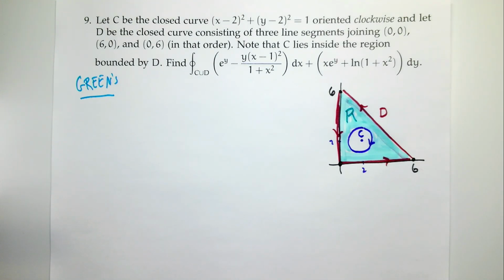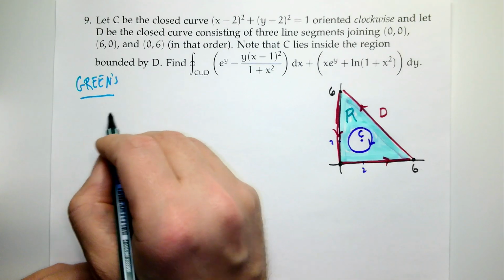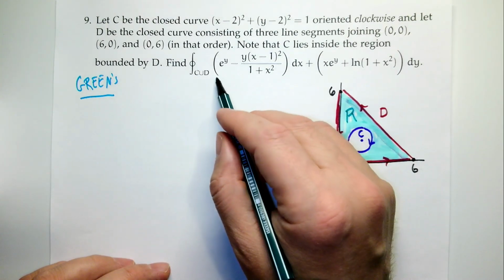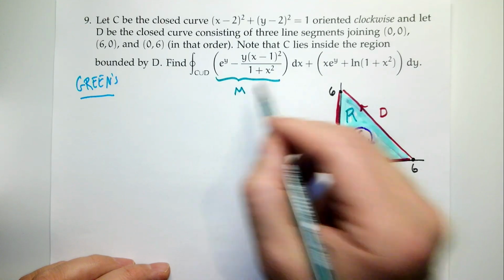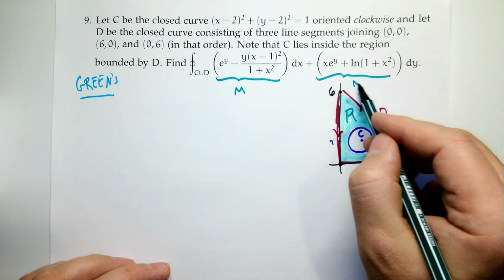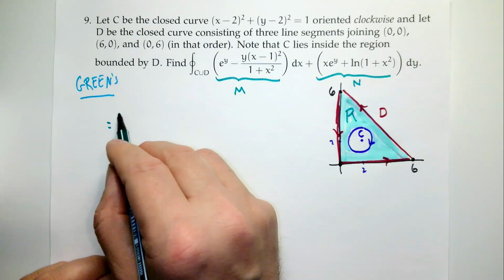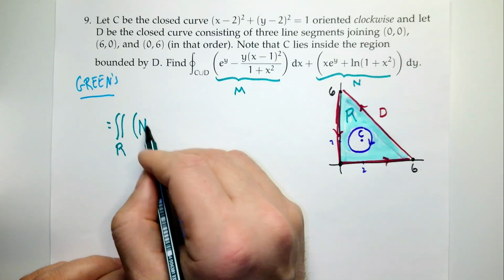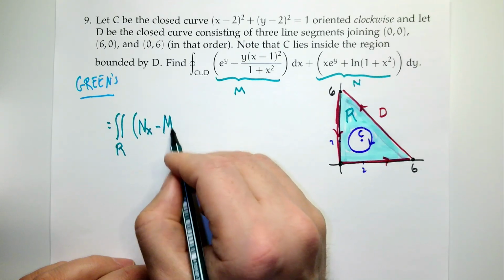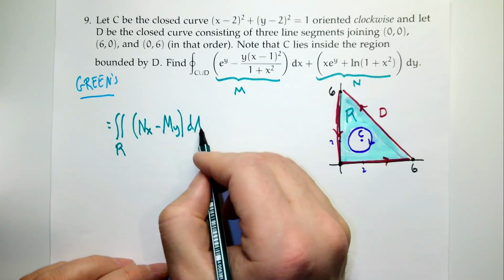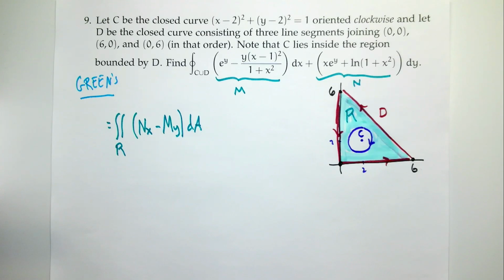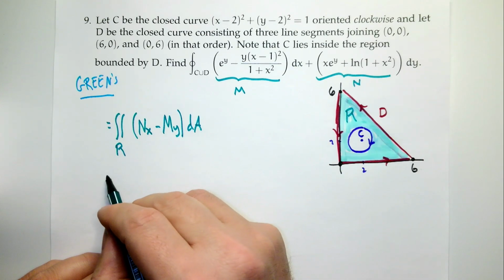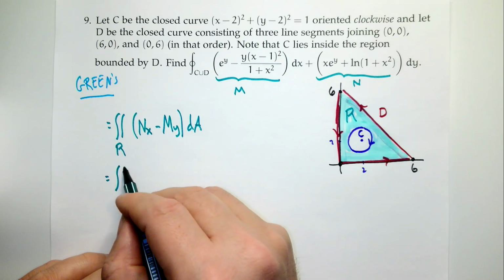So according to Green's theorem, if we think of this, I'm going to do some shorthand. Here's M, here's N. This is going to be equal to the integral over our region of N sub x minus M sub y. Okay, so let's take these partial derivatives and see what we end up with.